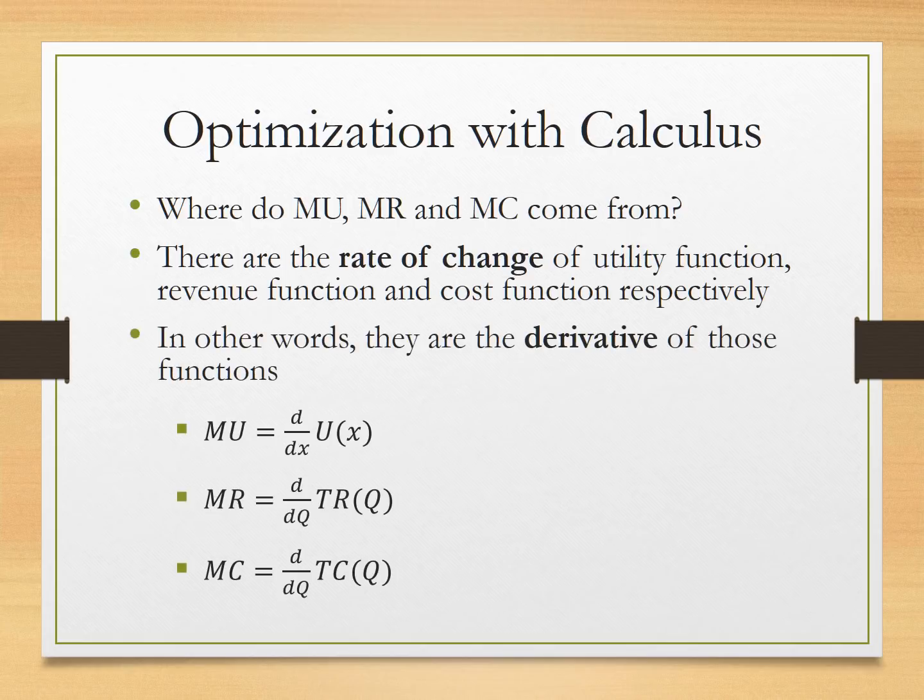They come from differentiation. When a teacher, like me, writes a question for students without calculus, what I do is take the derivative, figure out what the marginal utility or marginal revenue should be, and type it into the question for the student.